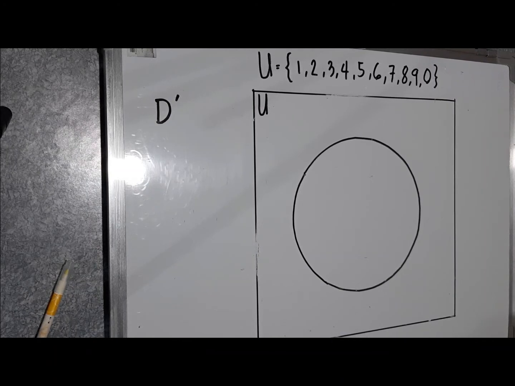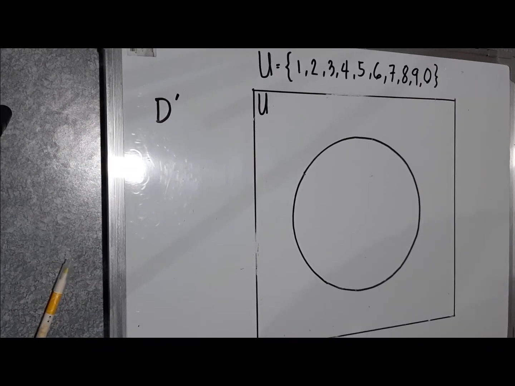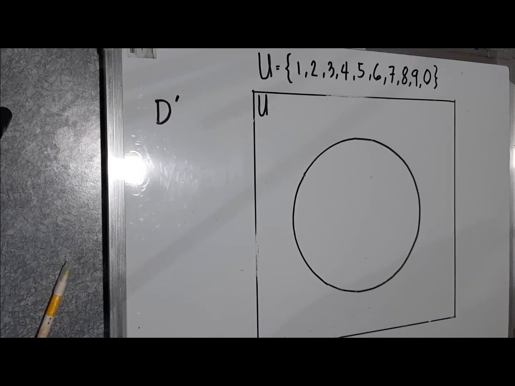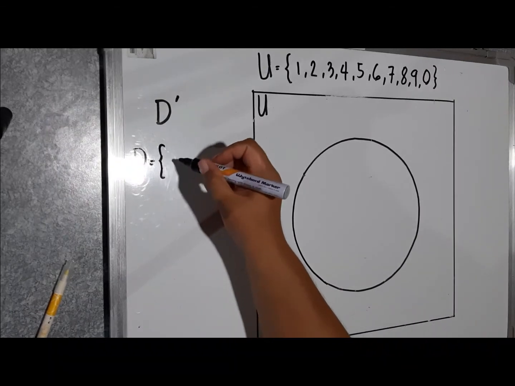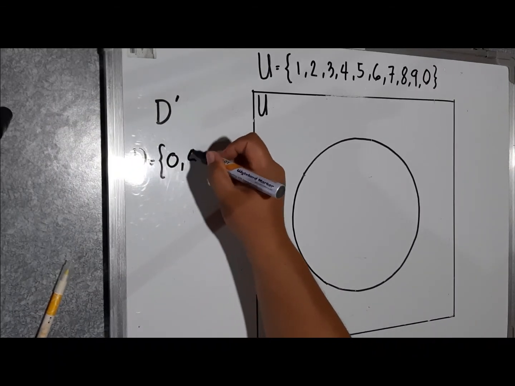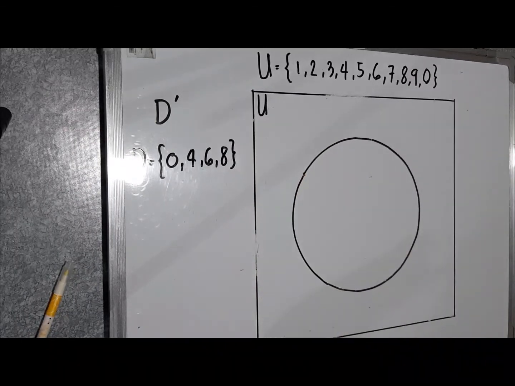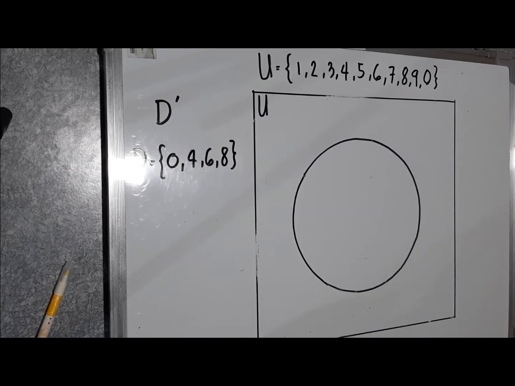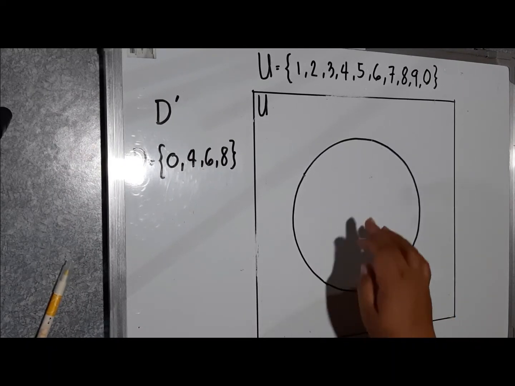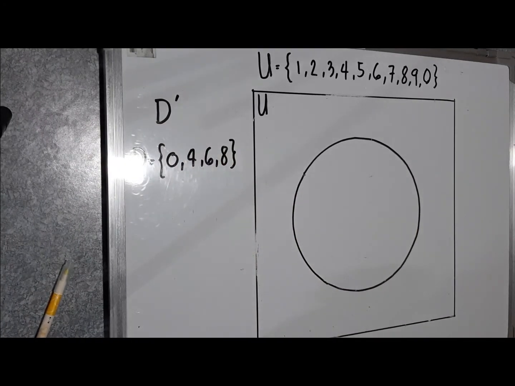The Venn diagram of D prime. So, D prime, or the complement of D. So, we know that D has the elements 0, 4, 6, 8. So, that original set D will be our basis for the Venn diagram. Okay, now, this is only one circle because we only have one set in the operation.